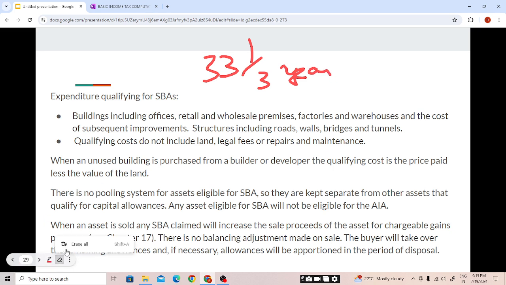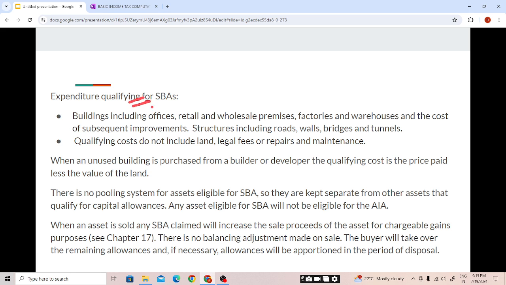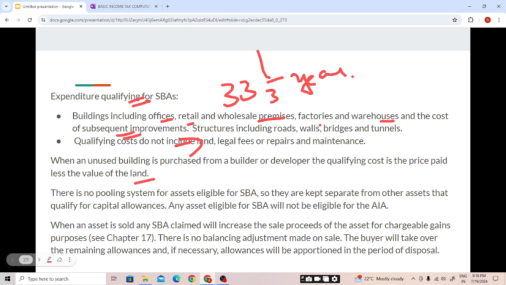So students, structure and building allowance is available on qualifying expenditures like offices, retail, warehouse and wholesale and retail premises, factories and warehouses, and the further capital improvements, capital expenditure. And on the further capital expenditure, you will calculate the structure and building allowance for 33 1/3 years for each. It is not available on the value of land and legal fees, land and repair and maintenance.